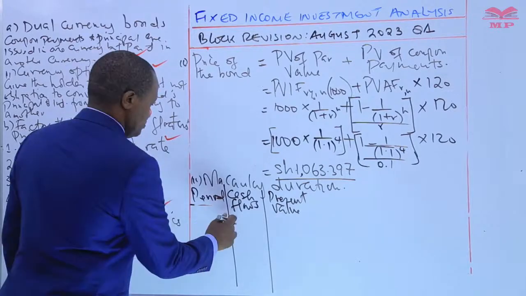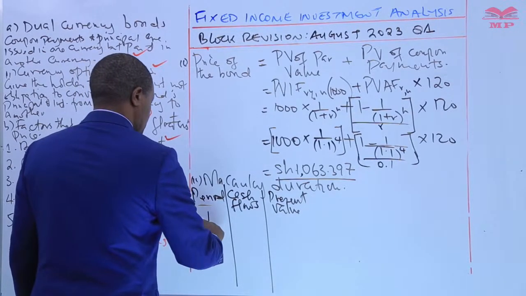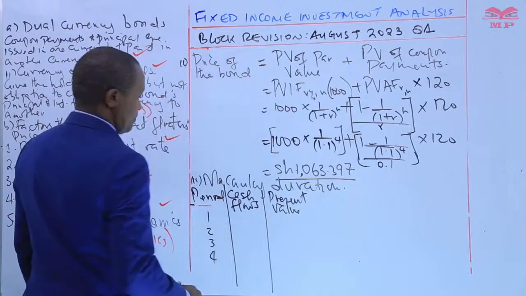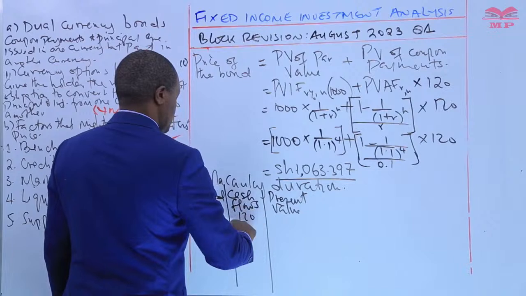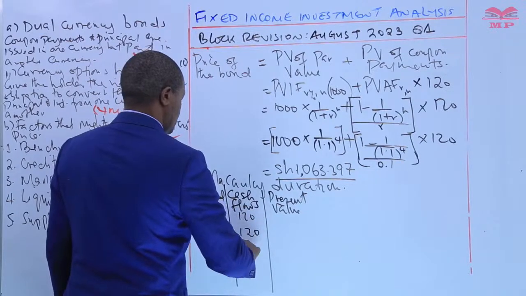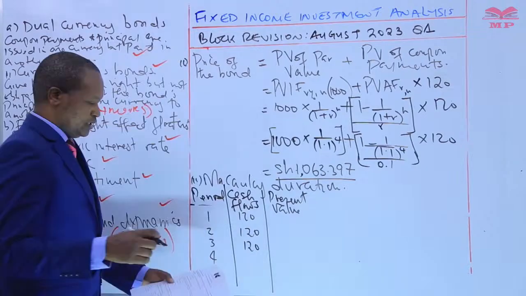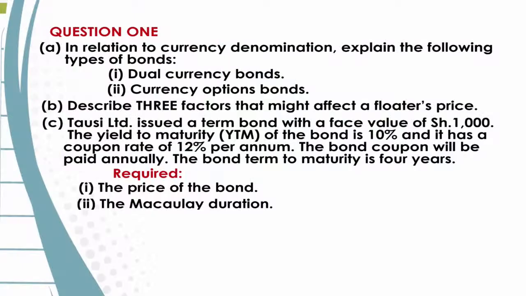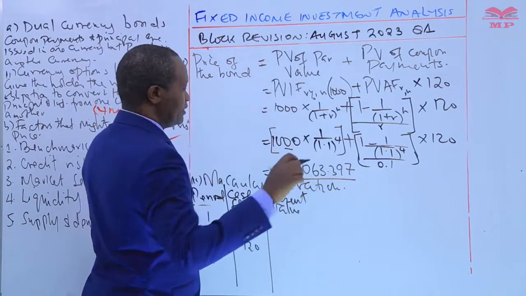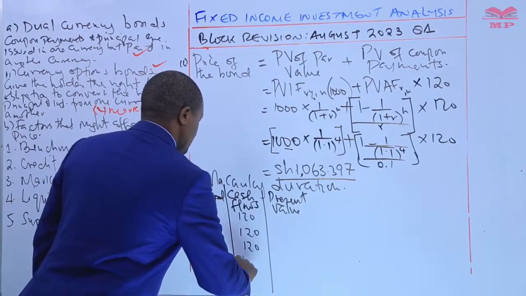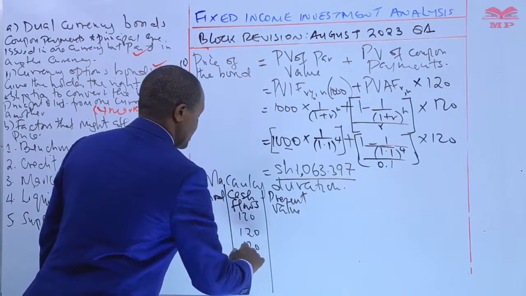The cash flows at the end of years 1, 2 and 3 are 120 each. The bond term to maturity is 4 years, which means in the 4th year we are going to have the 120 plus the principal, the 1,000, which will be equal to 1,120. That will be the cash flow.